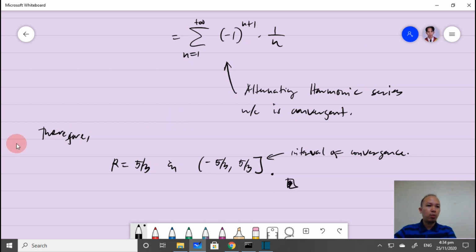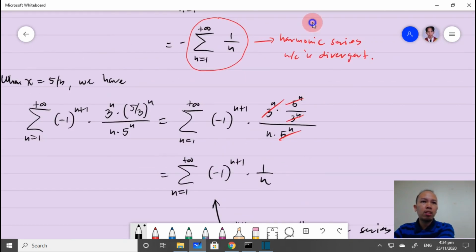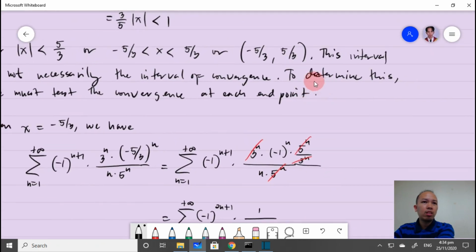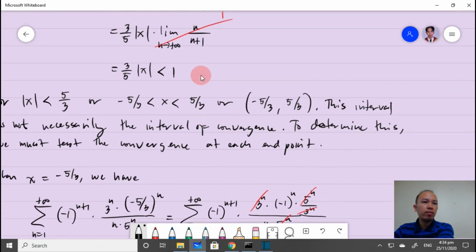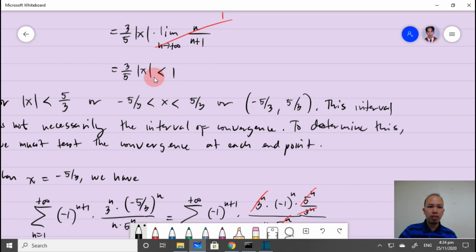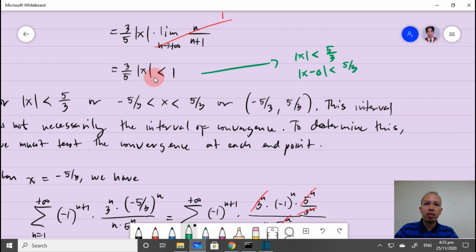So why is our R here 5/3? As you have noticed in our discussion, this one here, we know that this can be written as absolute value of x less than 5/3, and we can write it in this form: absolute value of x minus 0 less than 5/3.